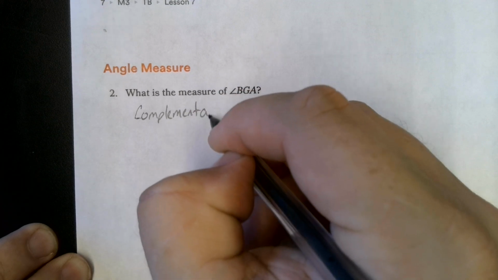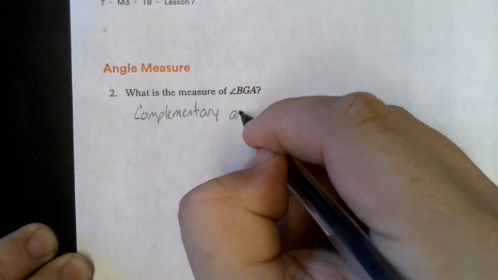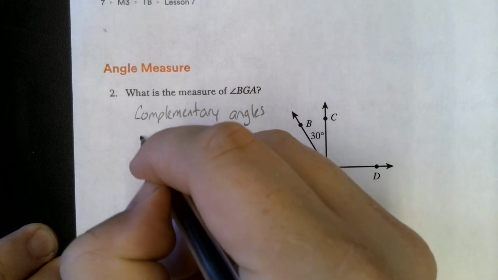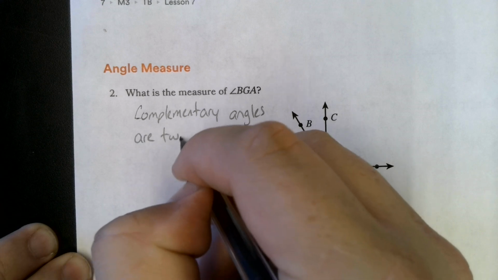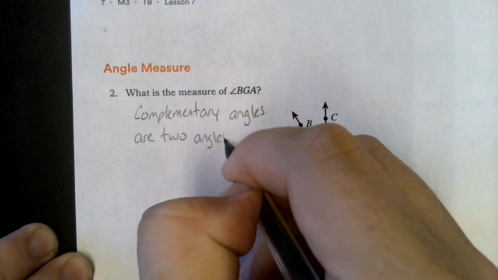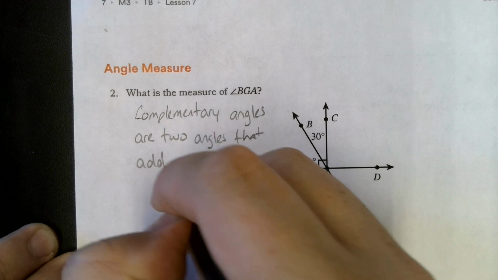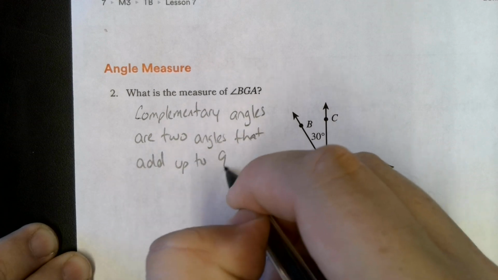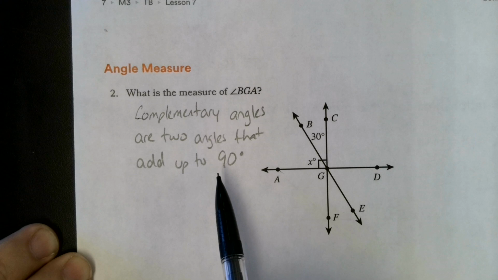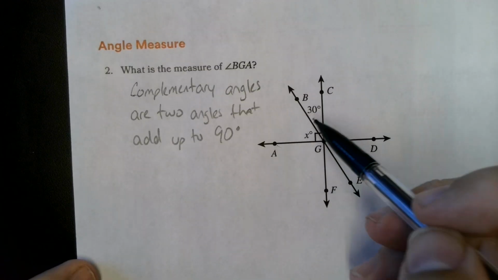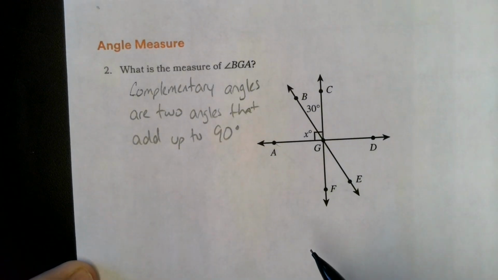Here are some notes that give us some background. Complementary angles are two angles that add up to 90 degrees. Two angles whose measures add up to 90 degrees. In this case, these two angles add up to 90.